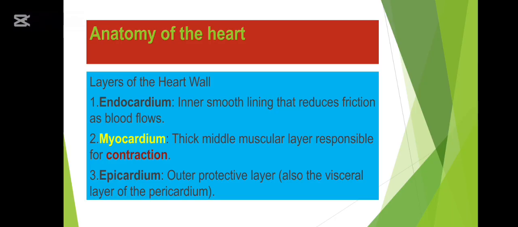And then we have the myocardium, which is the thick middle muscular layer responsible for contraction. So in this session, we are going to focus on myocardium because it is the one responsible for the contraction. And then we also have the epicardium, which is the outer protective layer, also the visceral layer of the pericardium.